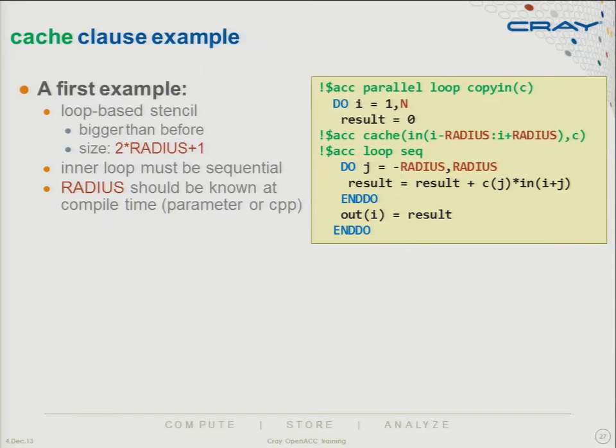So what you say is that inside all of the partitioned loops, from the point of view of this thread, I'm going to use this data, which I think might be useful to some of my neighboring loop iterations. The compiler can then look at that and say, yes, I agree.